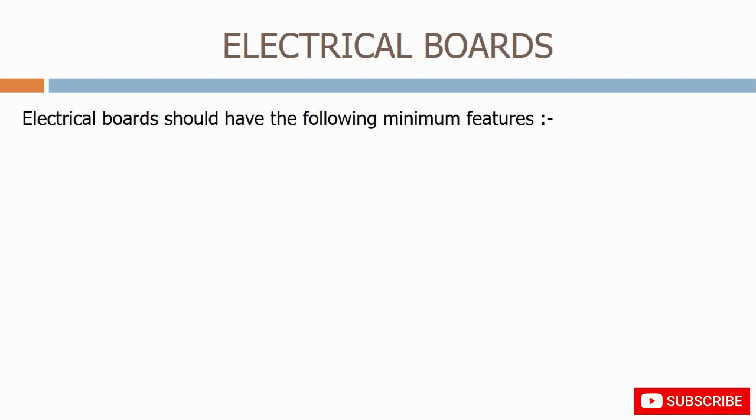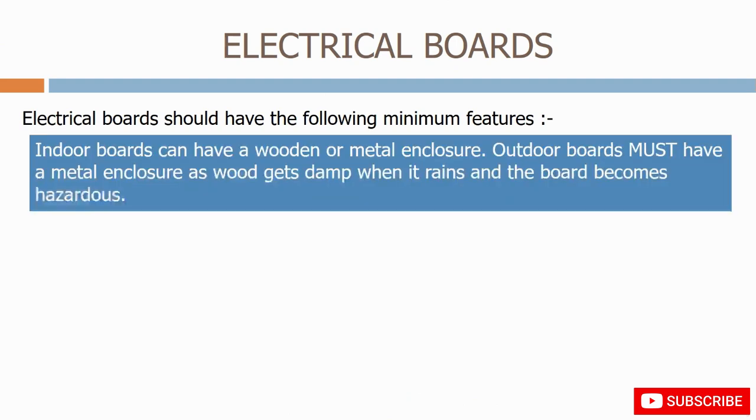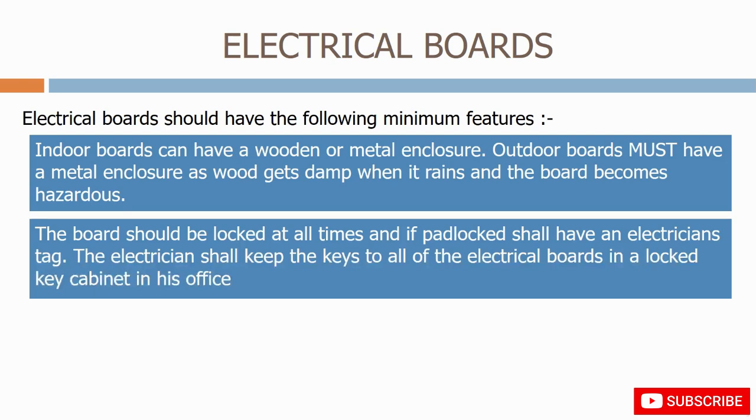Electrical boards should have the following minimum features. Indoor boards can have a wooden or metal enclosure. Outdoor boards must have a metal enclosure, as wood gets damp when it rains and the board becomes hazardous. The board should be locked at all times, and if padlocked, shall have an electrician's tag.